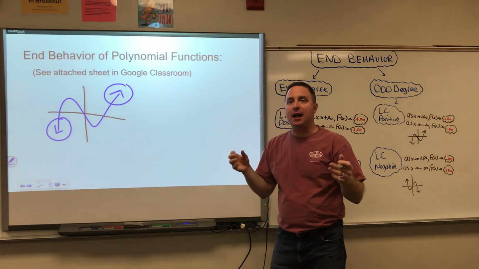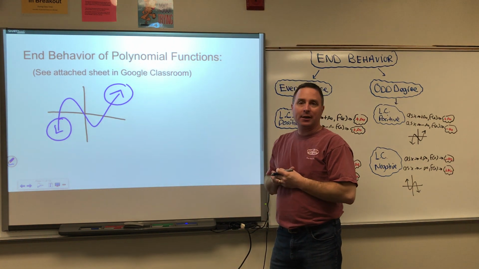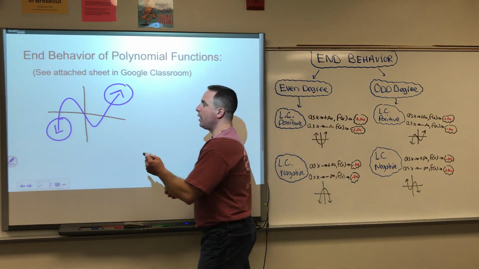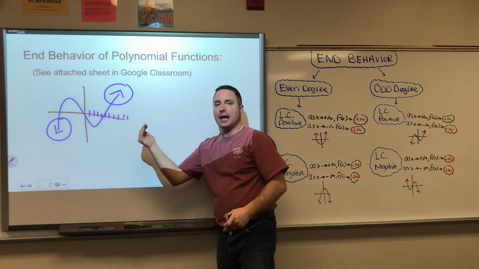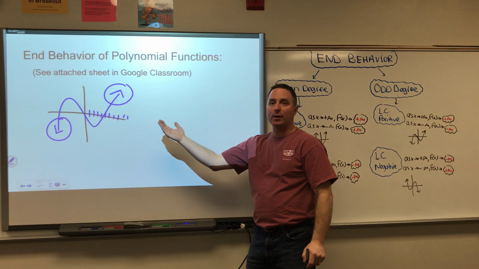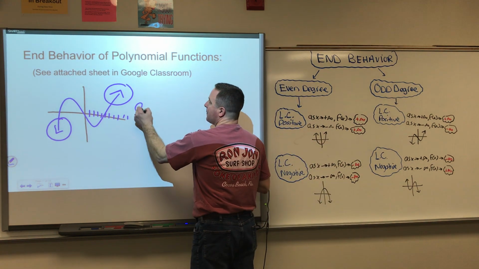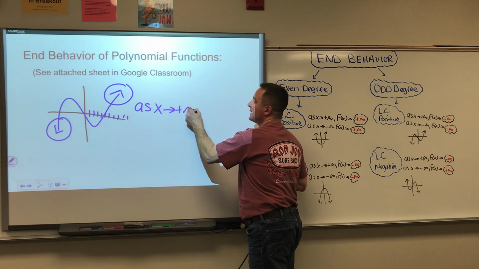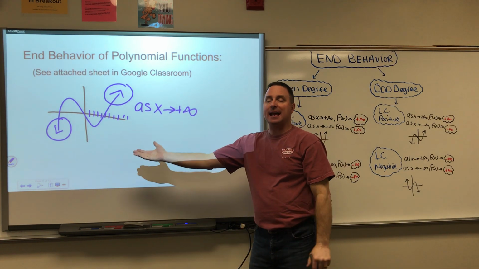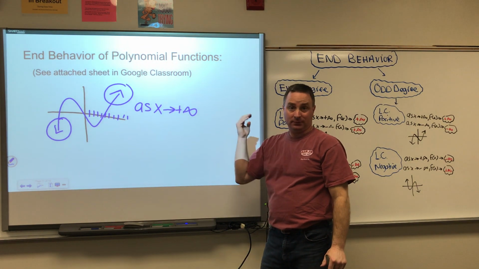I guess there's a little terminology that we're going to use here. When I go out here to the right, I'm talking about when my x values get bigger and bigger and bigger when I'm going to the right. And the way I describe that is I say, as x goes to positive infinity. That means as I go to the right forever.